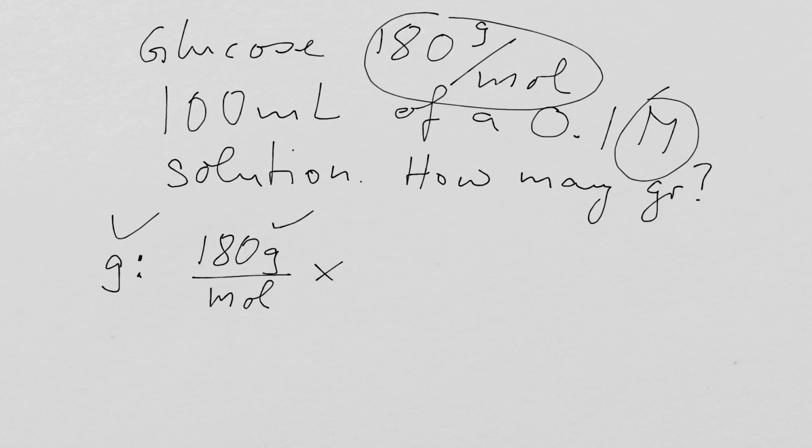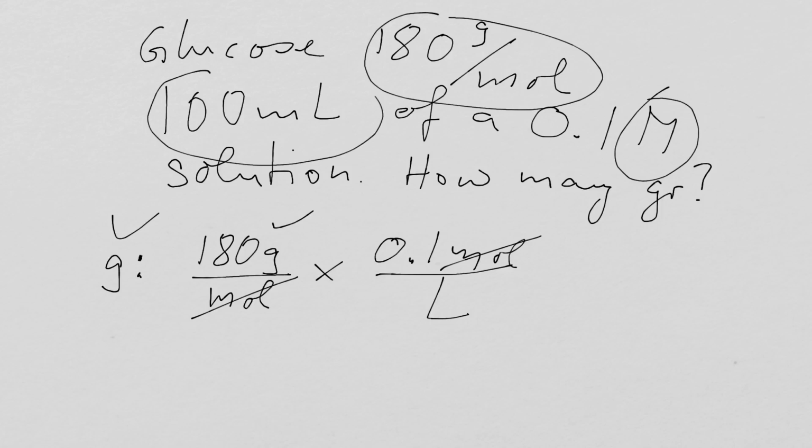0.1 mole per liter. It's our 0.1 molar. What happens to the mole? They cancel each other out. So we have grams per liter. So we want to get rid of the liter. Do we have the liter anywhere?